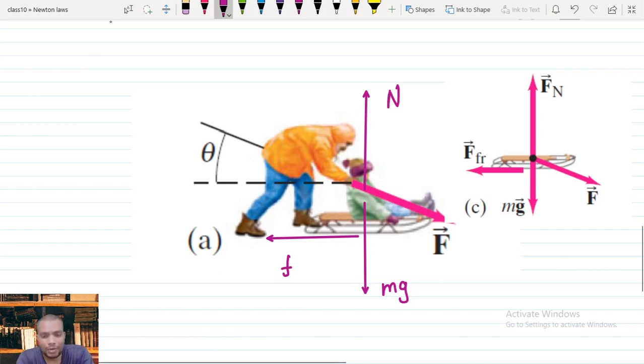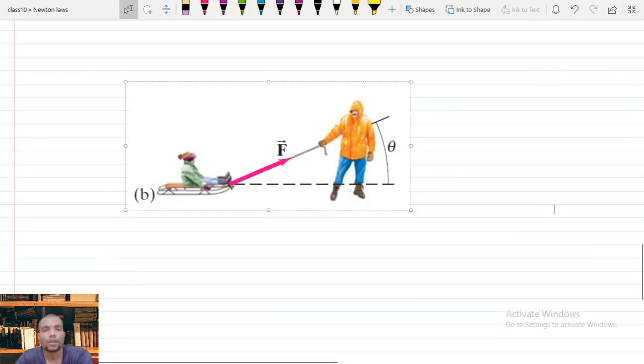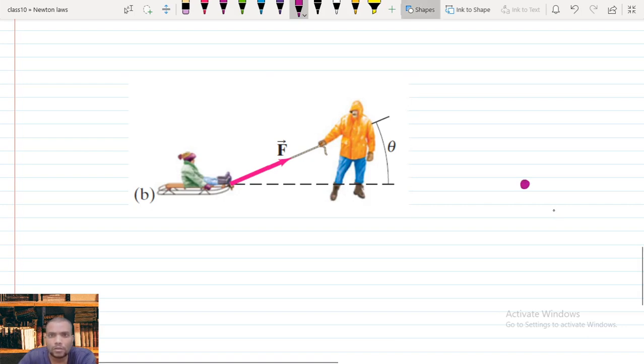Now let me take one more example. What are the forces acting on the boy who sat on the sledge? First we take the boy as a point object. On the boy a force is applied along this direction. We should not change the force direction.